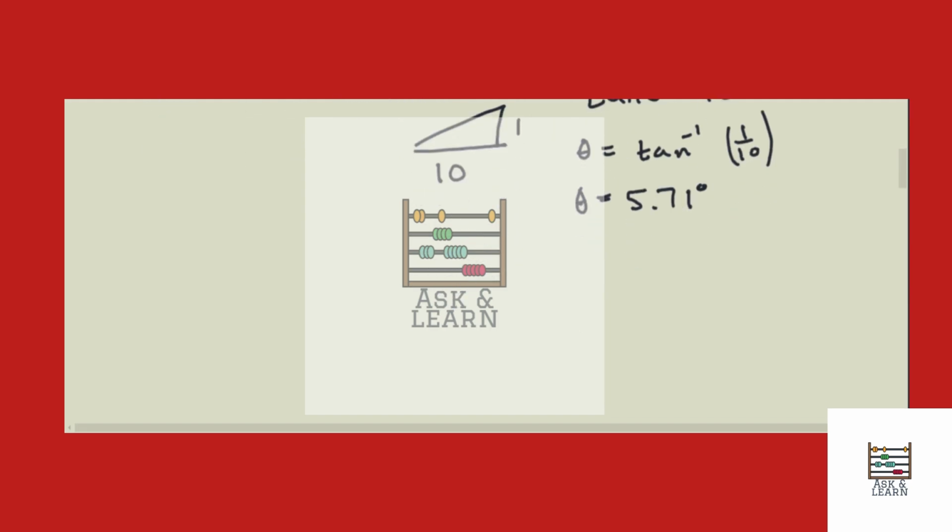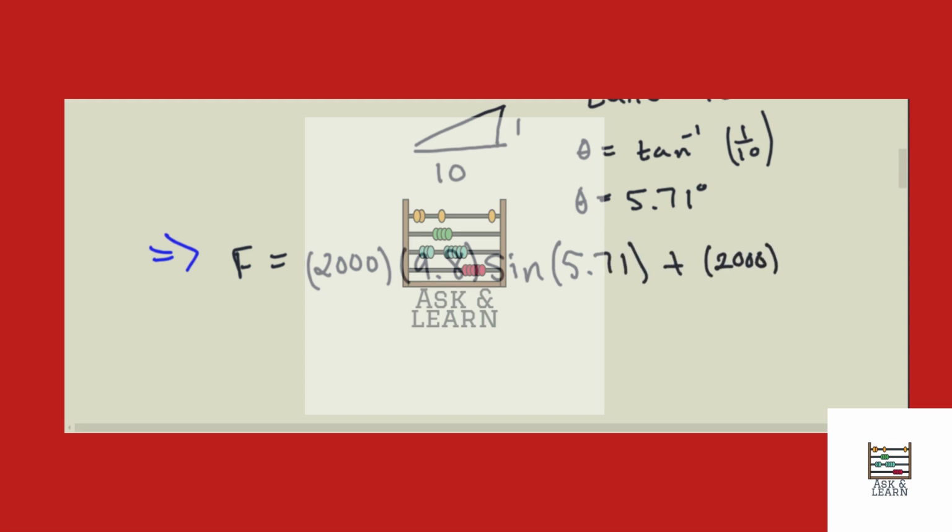So now let's plug everything we know to find the force. So we have F is equal to the weight, which is just mass times gravity. So you have 2,000 times 9.8 times sine theta, which we know now, sine of 5.71, plus the mass times the acceleration, 0.83.